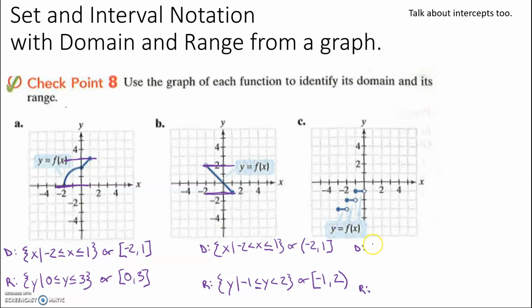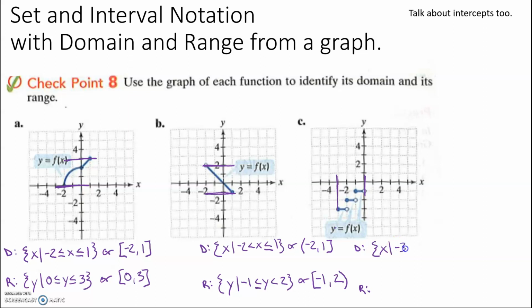And last but not least, our domain. Our domain is our x values, x such that x, where's our lowest x? It looks like we're -3 up to 0.